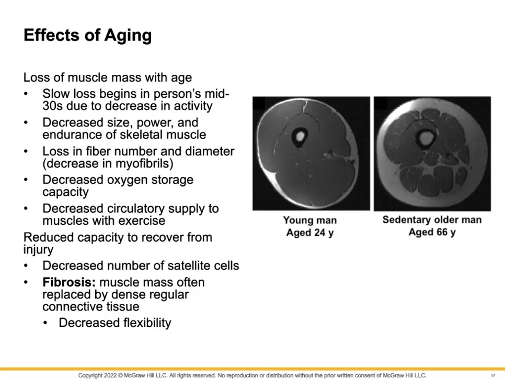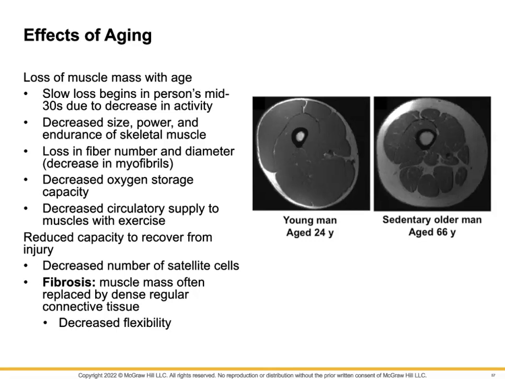There's a decrease in the oxygen storage capacity as the myoglobin availability decreases. Decreased circulatory supply to those muscles to supply oxygen so we can make ATP. All of this results in loss of muscle tissue.